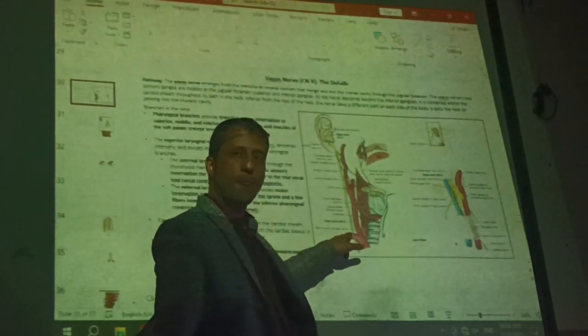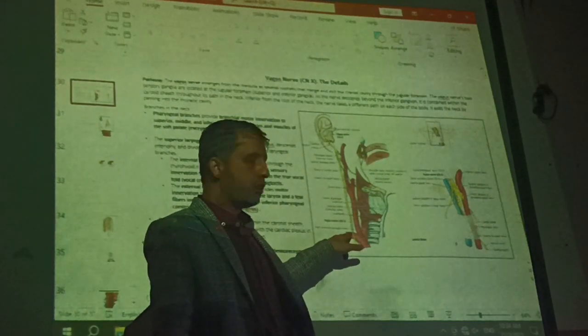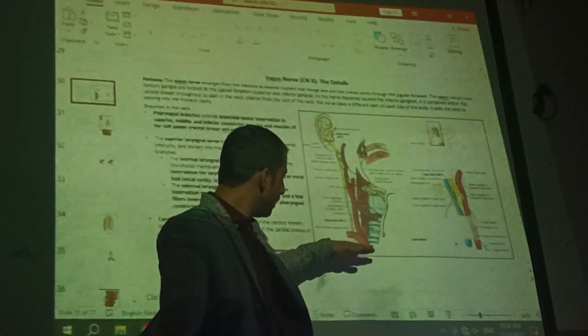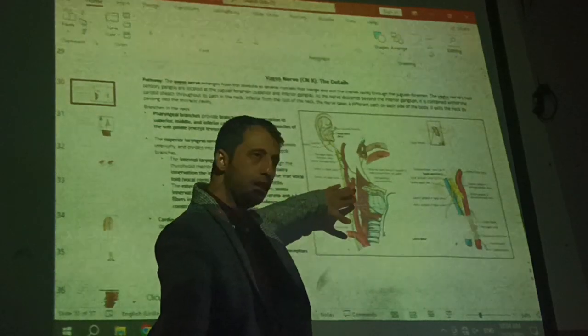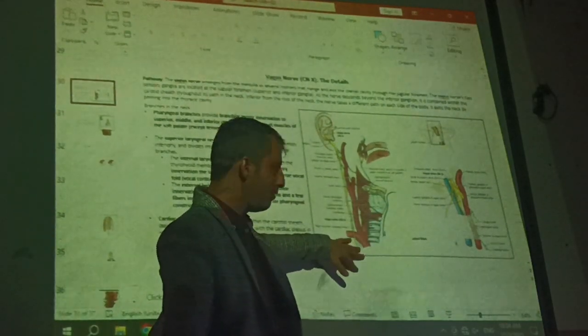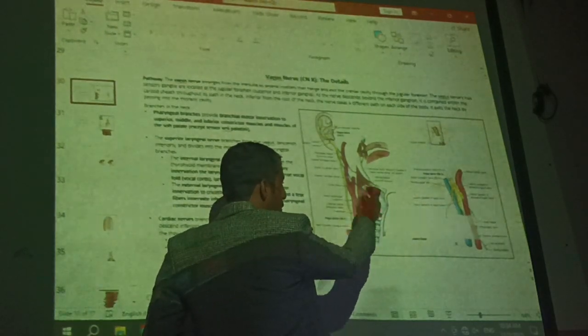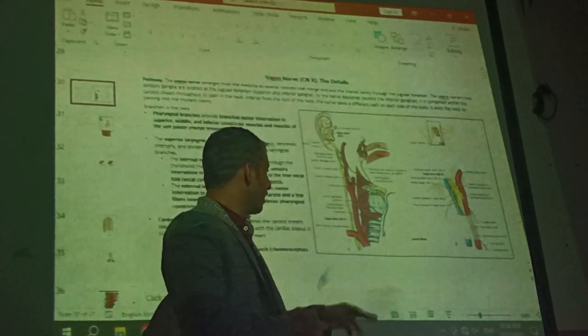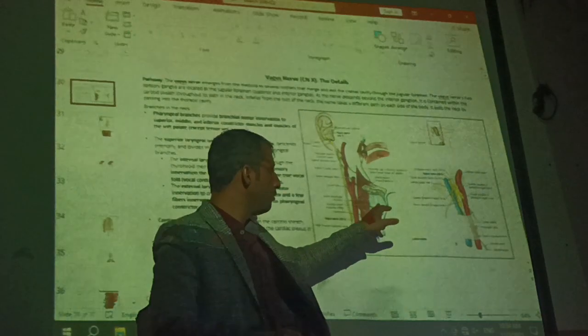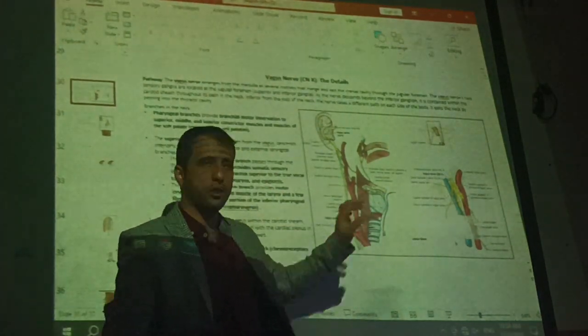What is this artery? Subclavian. Anterior, inferior, and posteriorly it runs around the subclavian artery and travels superiorly to arrive to this area, to the larynx.